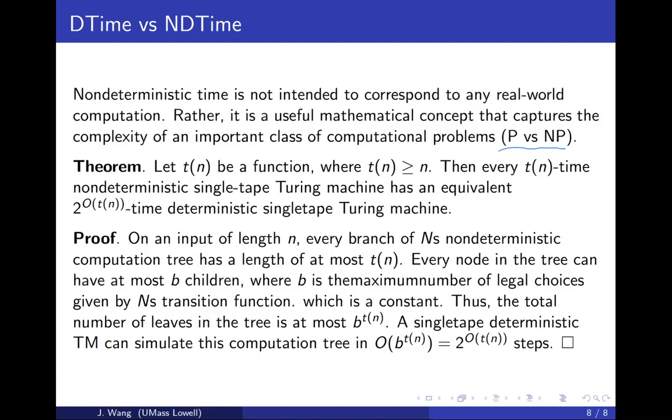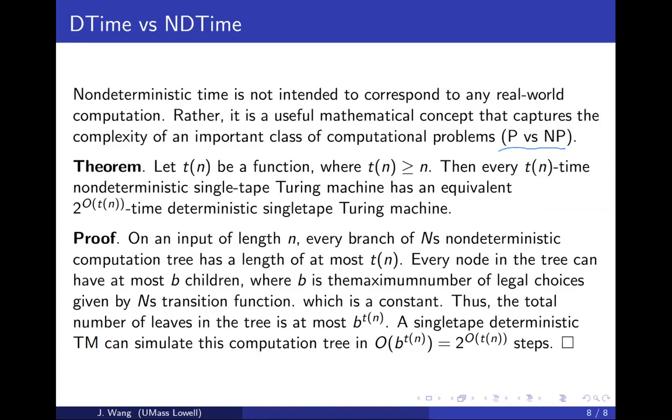So the relationship between deterministic time and non-deterministic time is the following. This is a theorem. Let T of n be a function where T of n is greater than or equal to n. Then every T of n time non-deterministic single tape Turing machine has an equivalent O of T of n time deterministic single tape Turing machine.